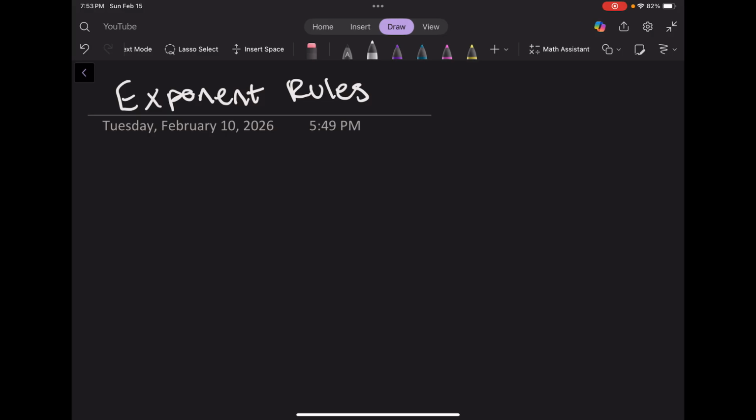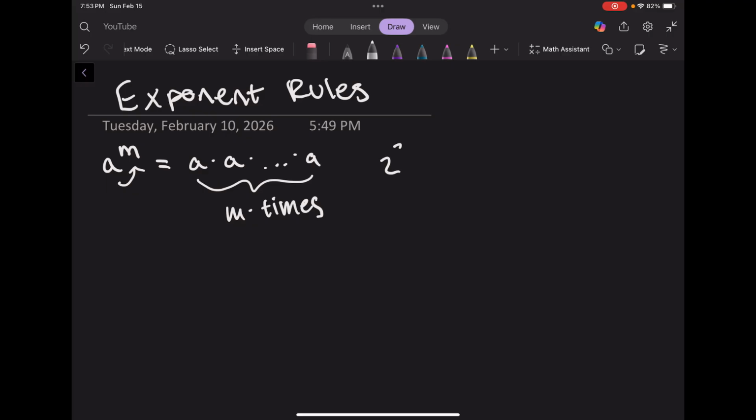All right, so the first thing that we should talk about is when we have a number a, it's just some number. We just have a raised to the m power. This is the same thing as multiplying it over and over again, m times, whatever number m is.